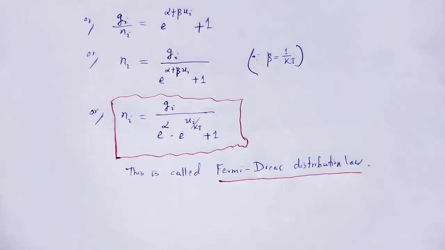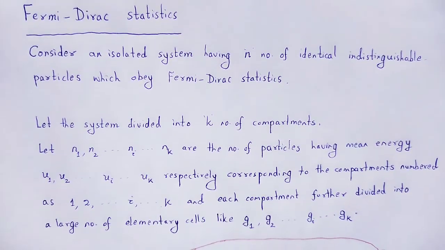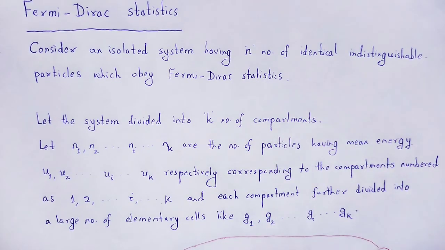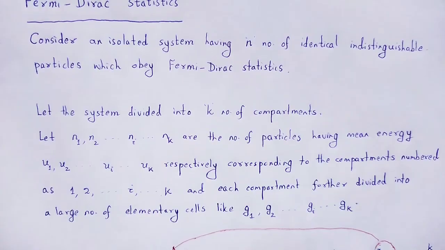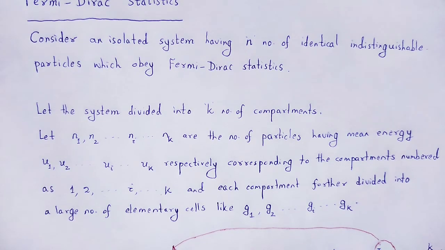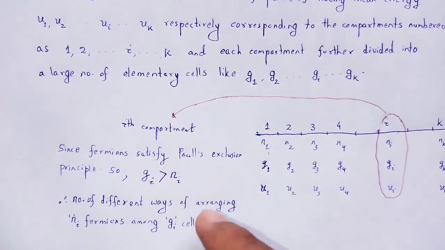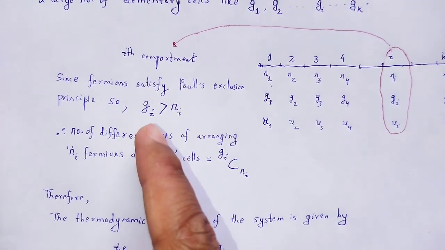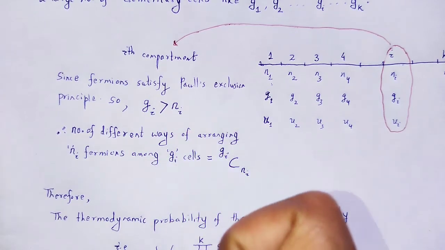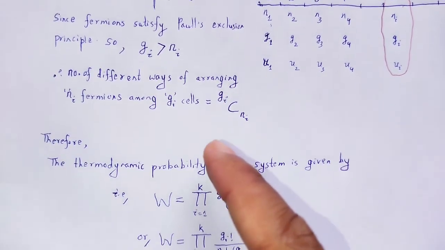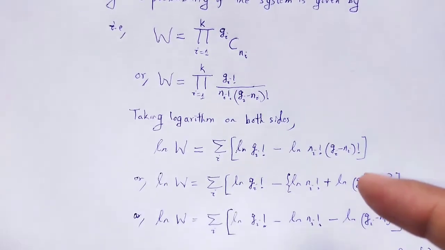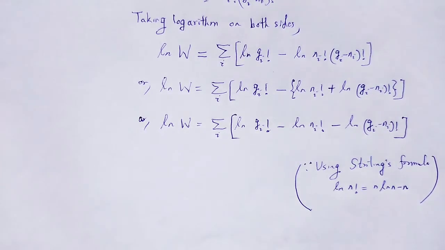So here, with the help of this video lecture, we understand the concept of Fermi-Dirac statistics. We consider an isolated system having identical indistinguishable particles, and these particles obey Fermi-Dirac statistics, meaning these are fermions, and we know fermions obey the Pauli exclusion principle. So the number of elementary cells is greater than the number of particles within the compartments. By using that concept, the thermodynamic probability of the system is calculated.